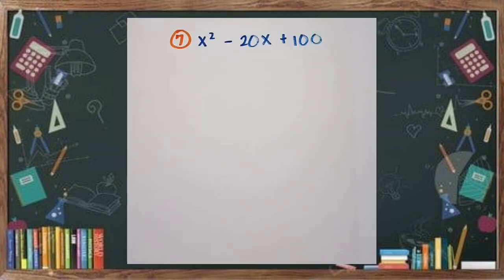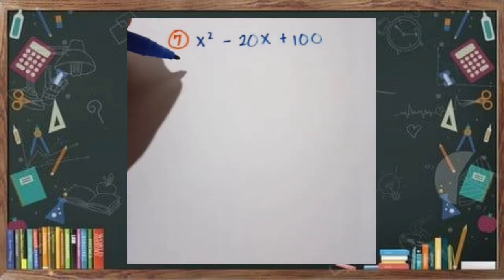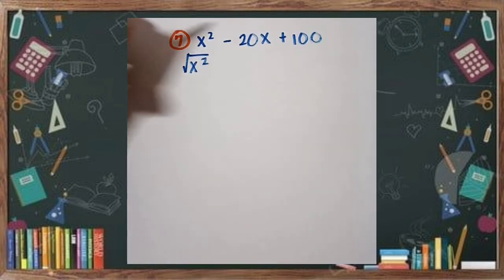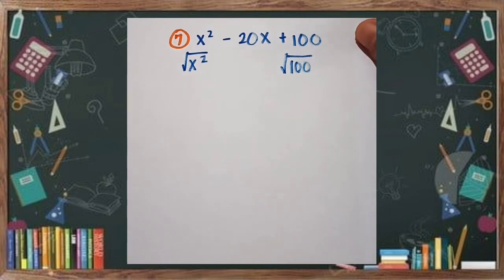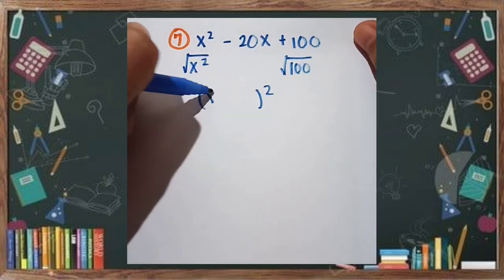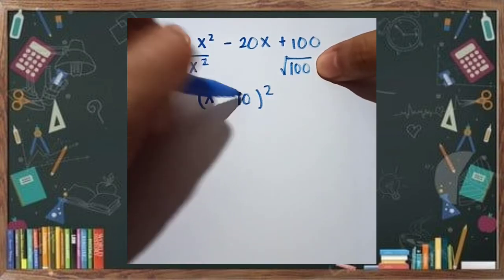Okay, let's have another example. x squared minus 20x plus 100. So, first we need to get the square root of x squared or the first term and the third term. Okay, so what is the square root of x squared? So, it is x. What is the square root of 100? It is 10.